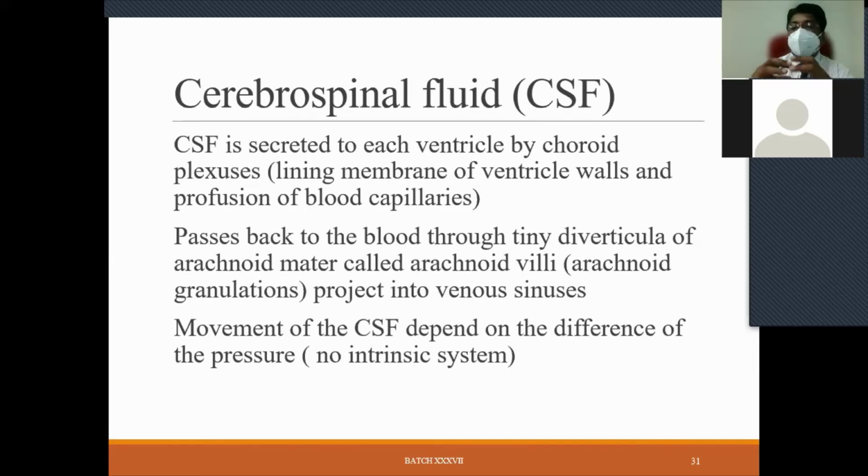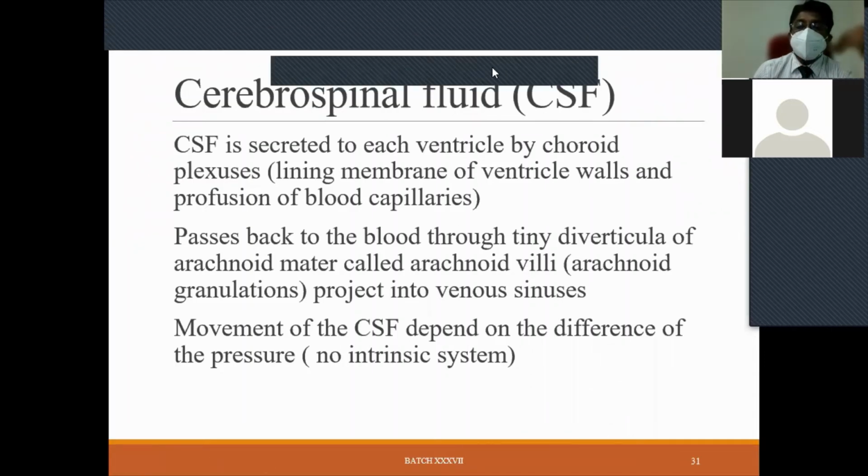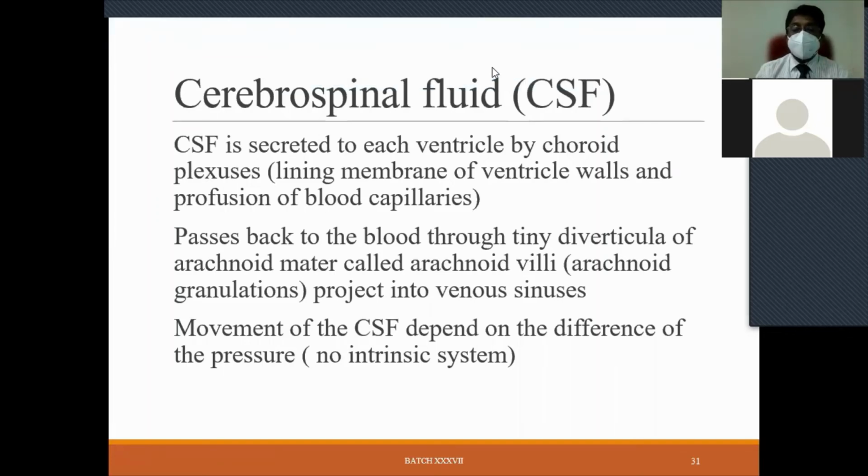I told you that the ventricles are connected to the subarachnoid space from the fourth ventricle through the two lateral apertures and one median aperture. So the cerebrospinal fluid produced in the ventricles passes to the subarachnoid space, where the arachnoid villi, or arachnoid granulations, absorb the cerebrospinal fluid.